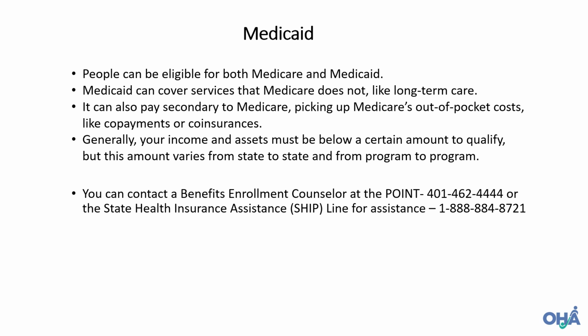Generally, your income and assets must be below a certain amount to qualify, but this amount varies from state to state and from program to program. You can contact the Benefits Enrollment Counselor at 401-462-4444 or the State Health Insurance Program at 1-888-884-8721.